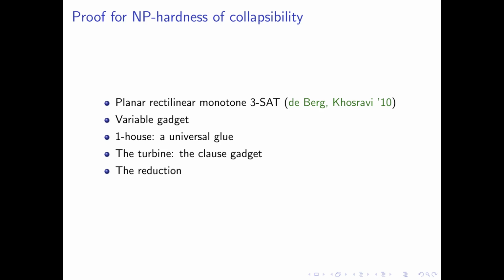Let me tell you a few words about our proof strategy. And since the proof for collapsibility is the easiest one, we shall focus on it. Our aim is to build for each instance of so-called planar rectilinear monotone 3-SAT a simplicial complex which is embedded in R3 such that this complex is collapsible if and only if the original instance of the planar rectilinear monotone 3-SAT was satisfiable.